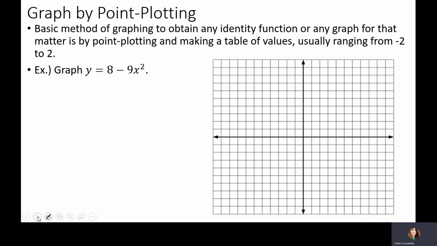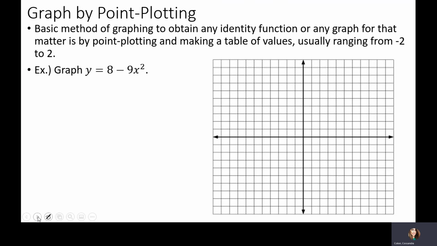All right, as you recall, when you first learned to graph, I'm sure you did it by what's called the point plotting method, and your teacher more than likely had you create a table of values. And here in this case, we're just going to review that quickly. That's the basic method of graphing. You can obtain any identity function or parent graph. And usually you plug in for x values ranging from -2 to 2.